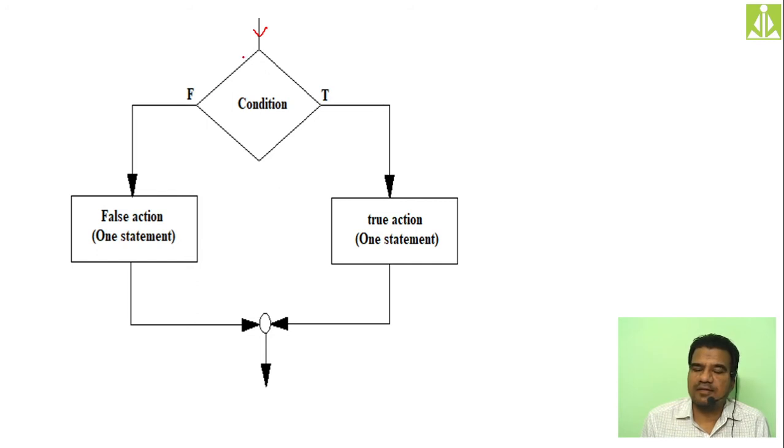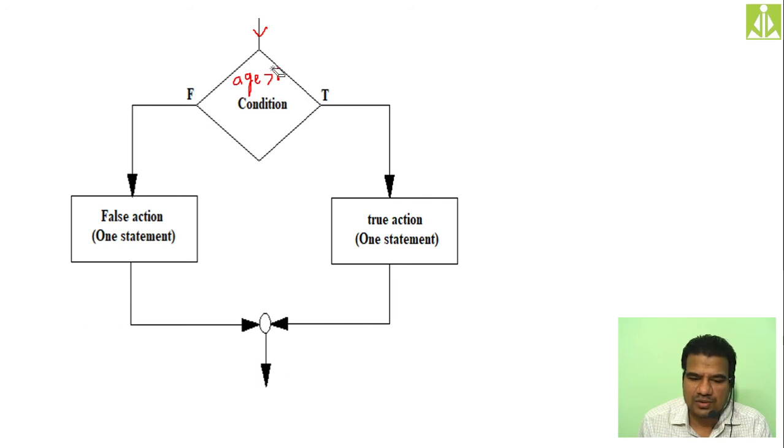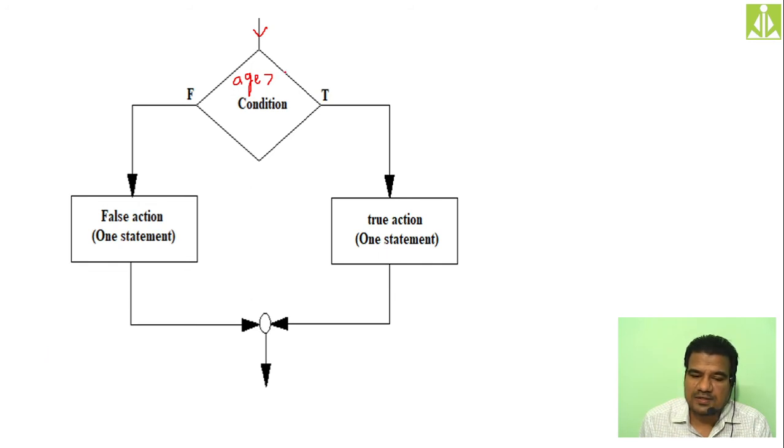For our understanding, we'll take the example of casting a vote again. What condition will we put here? Age must be greater than or equal to, because even if you are exactly 18 years, you can cast your vote. So age must be greater than or equal to 18 years.